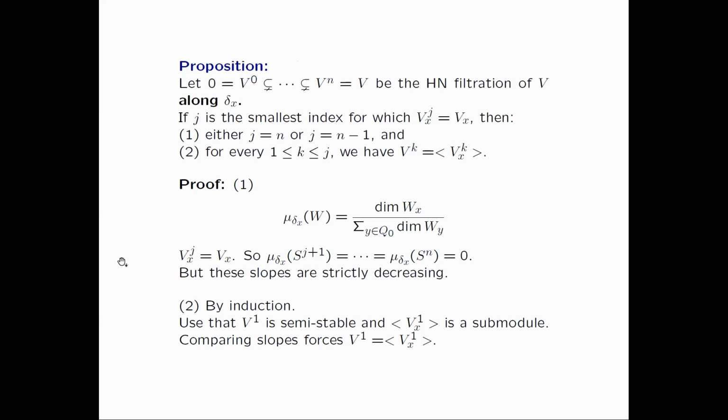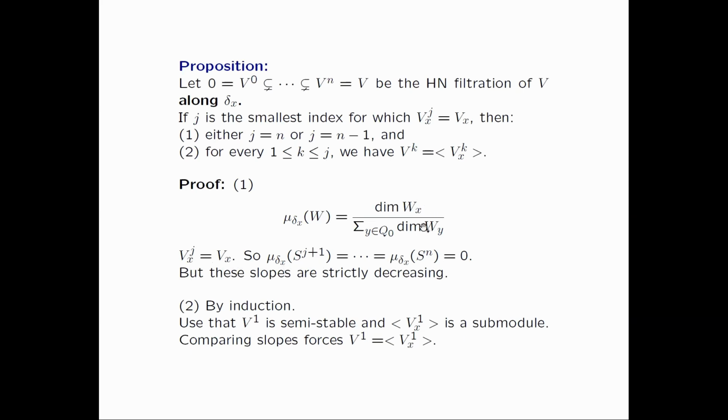And here's a very quick proof, effectively. Delta, this is our slope. Remember, we have just one to look at, namely at x, so it's just the dimension x. And then here we have the dimension of the whole representation W. Now, this is trying to prove one: if we have actually that Vxj is the same as Vx, then of course the top quotient here will have to be 0, okay?